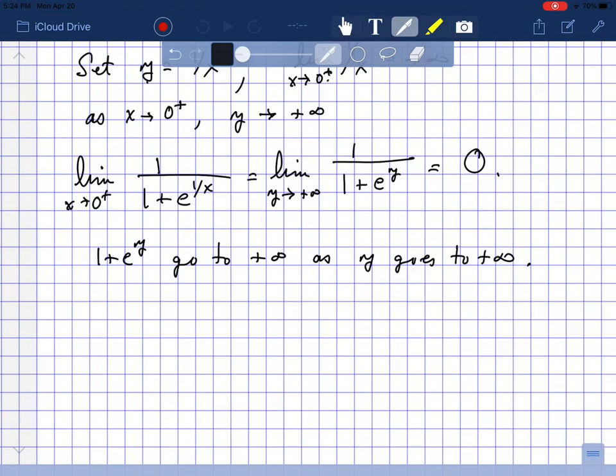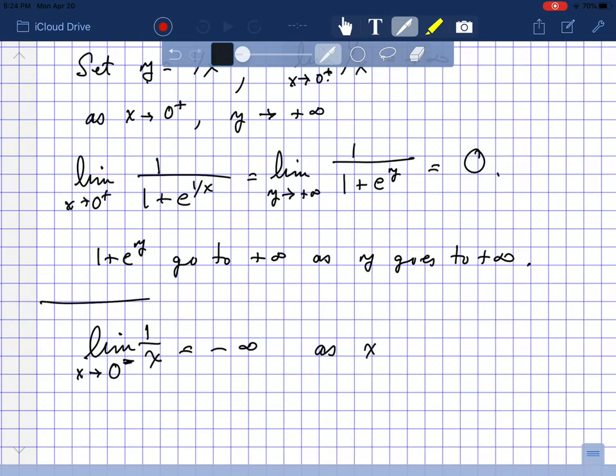Now, let's wait. Okay. So what happens as x goes to 0 from the left? So we're looking at 1 over x. Well, we know this is equal to minus infinity, right? That's what we did above.